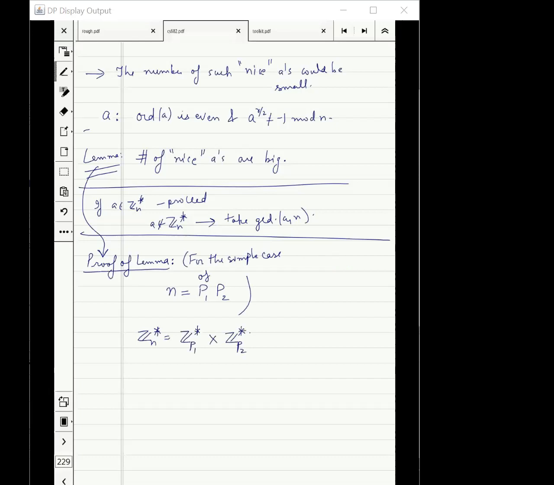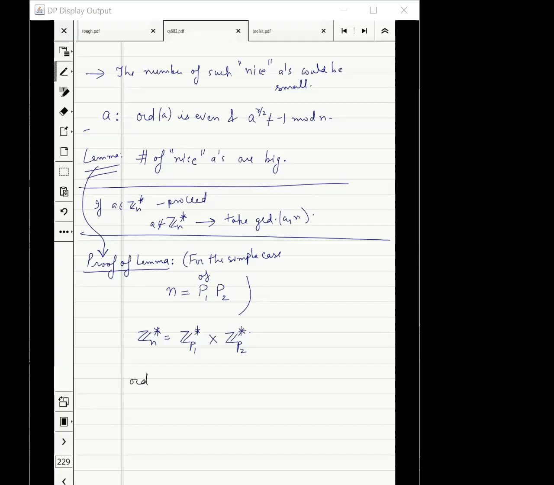That basically means that if I want to analyze an element in Zn star, whatever its order and other properties, I should look at it mod p1, mod p2, and then cumulatively I can figure out its properties in Zn star.